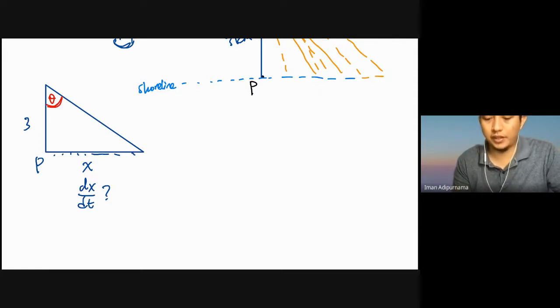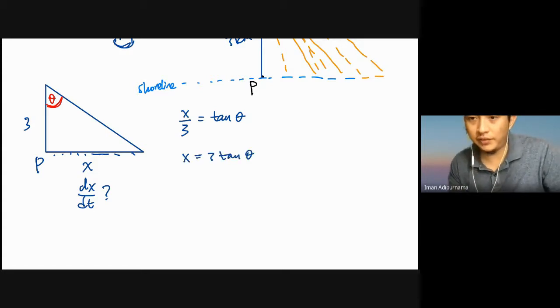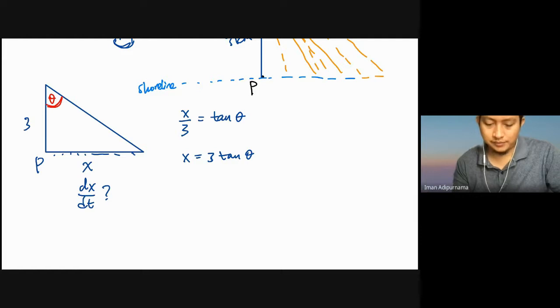I think we can just use the tangent, or you can use the tangent inverse. I think that's also good, and it's a very similar answer, like the derivative.